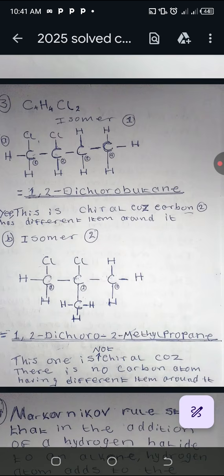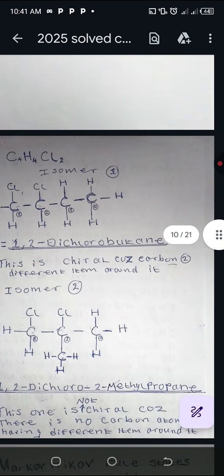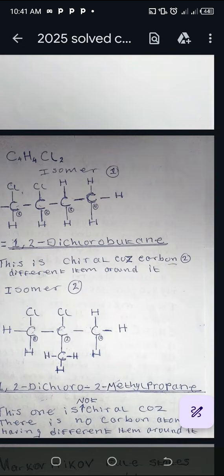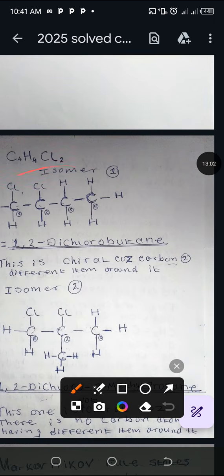If they ask you, in this structure right here, which carbon is chiral, you can just say that carbon 2 is chiral because it's the only carbon that is surrounded by different things. So this is how you answer these kinds of questions, and I hope that you understand this simple concept.